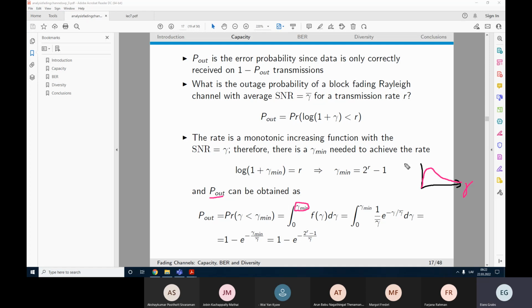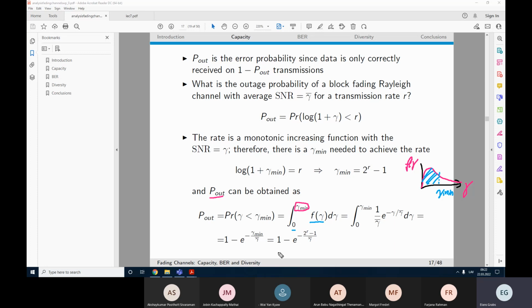Here we have gamma, here we have function of gamma. Then we specify some minimum gamma that we want to have. Yes, and therefore we calculate this area as an integral of this function from 0 to this limit.